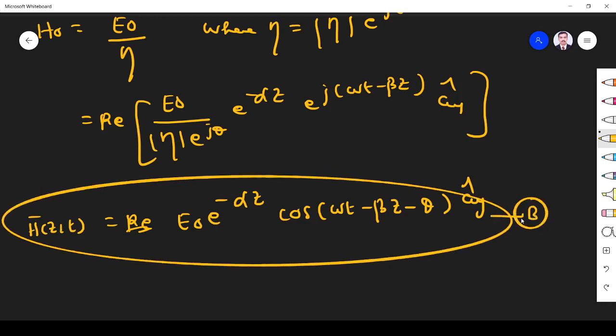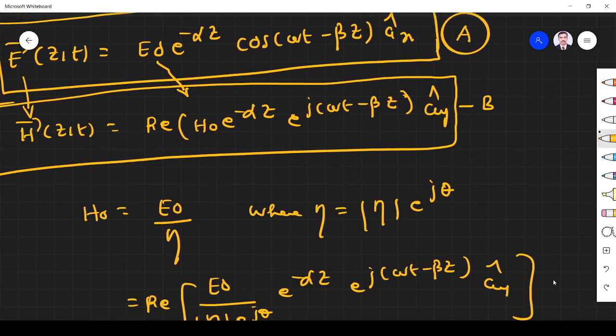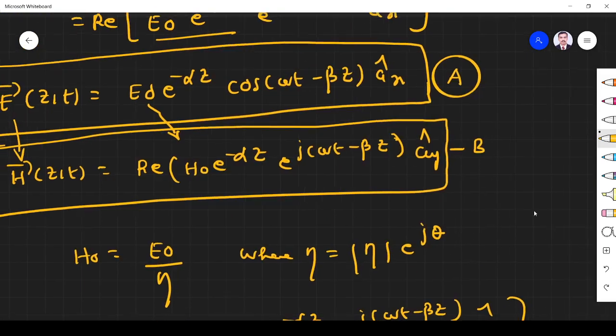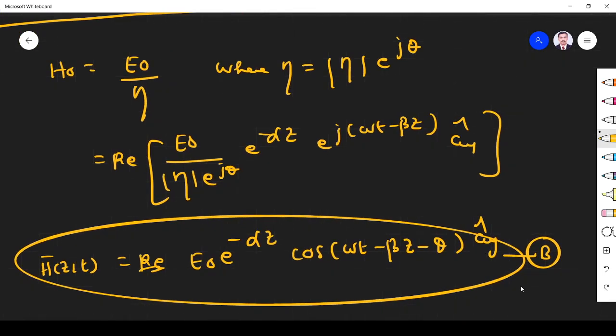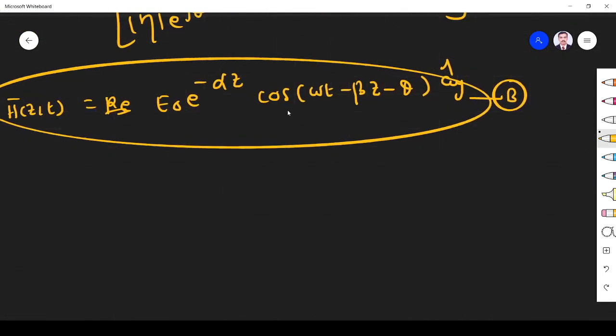The electric field is in the Ax direction, and wave propagation we assumed in the Z direction. So E is equal to E naught e power minus alpha z cos omega t minus beta z, and H is E naught by eta mod e power minus alpha z cos omega t minus beta z minus theta.